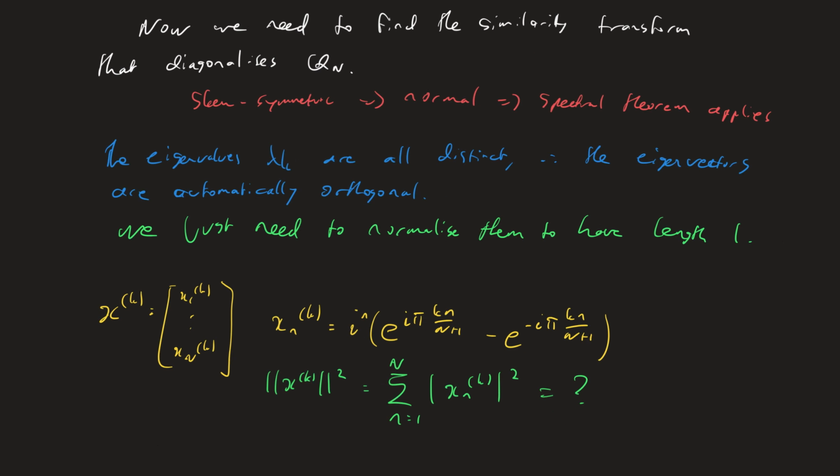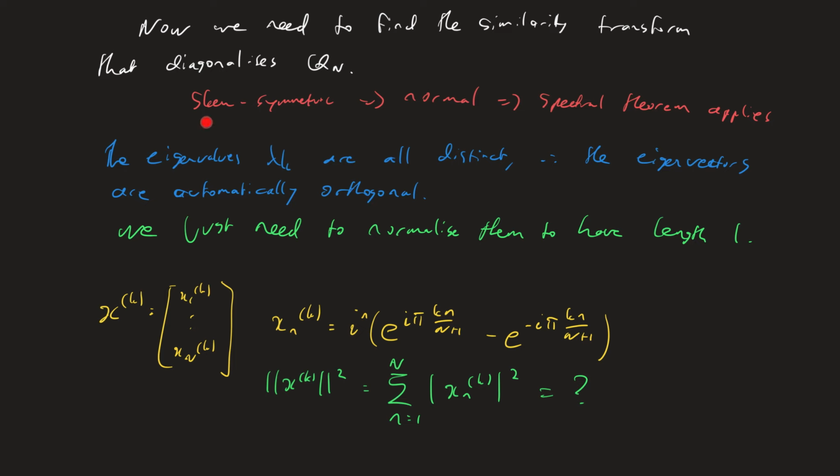Now that we have found the eigenvectors of Qn, we have to find the similarity transform that diagonalises Qn. This is so that we can ultimately compute the determinant of the skew-symmetric matrix we care about. Recall that we did this explicitly for the case of the Q2 matrix, and now we want to do it for an arbitrary Qn matrix.